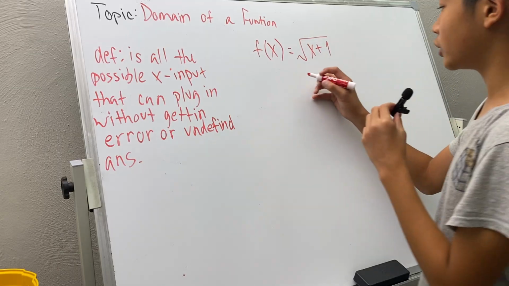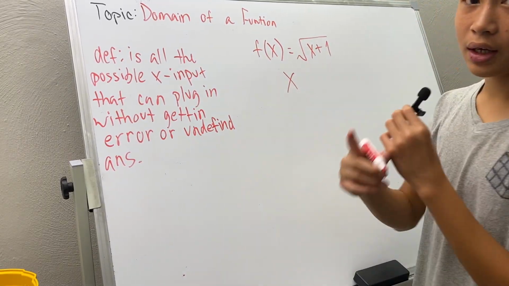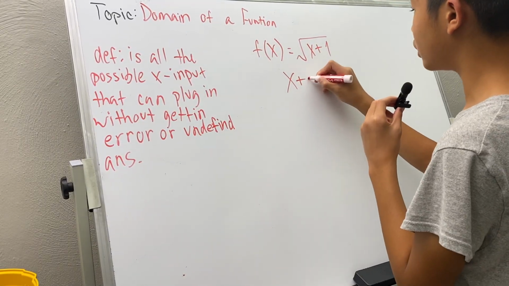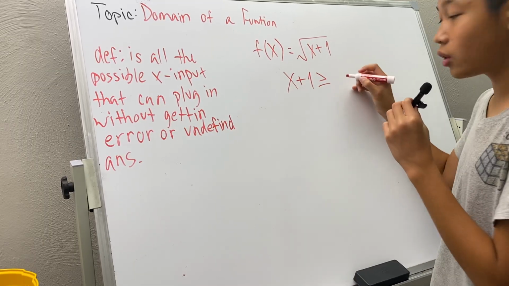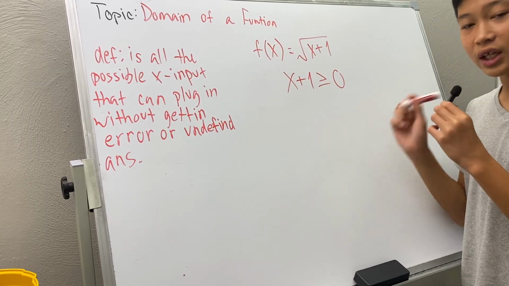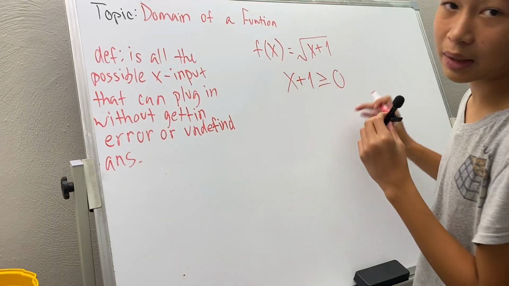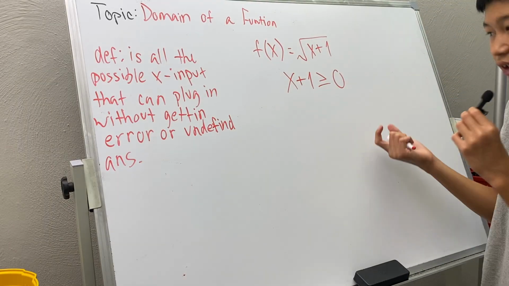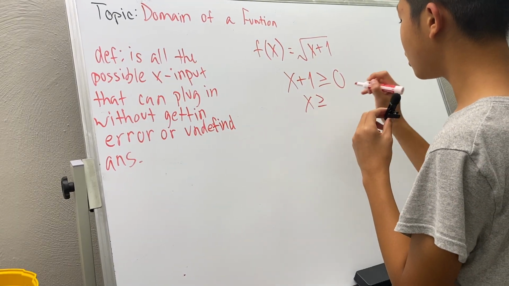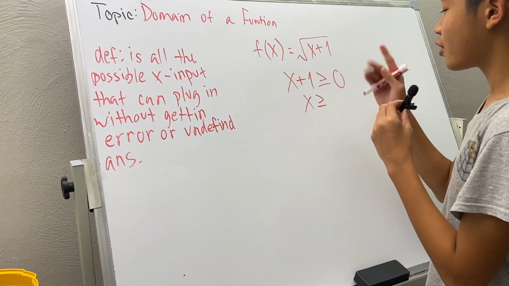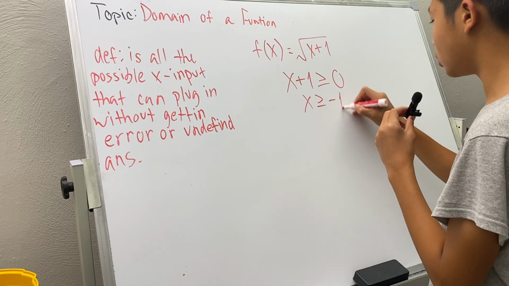So x plus 1, the inside can't be negative. So it's greater than or equal to 0, and it can be 0 too, because if 0, that's 0. Let's move this 1 to the other side. So x got to be greater than or equal to minus 1.